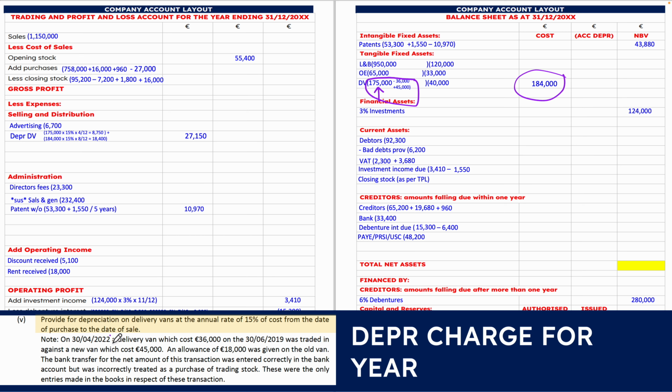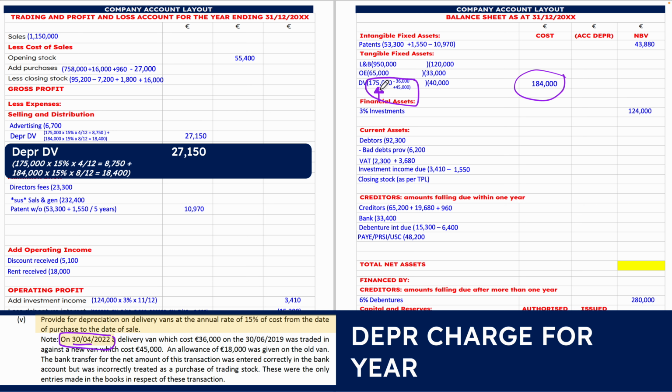So we traded in the old van for the new van after the 4th month. For the first 4 months, we had 175,000 worth of vans, and for the last 8 months, we had 184,000 worth of vans. So we calculate 175,000 by 15% by 4 over 12, that is 8,750.